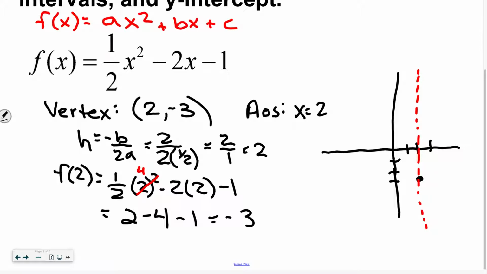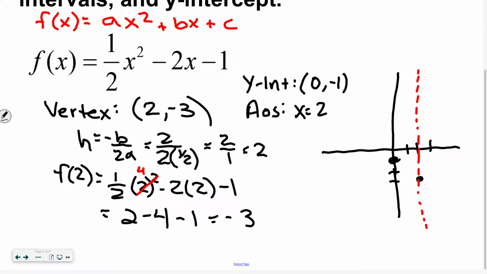So we know, okay, now remember, we could, and I will here in a minute, do vertical stretch and shrink. But because my vertex isn't on the y-axis, I could also just figure out what my y-intercept is. What is my y-intercept? -1. You're just looking at the value of c. So c is always the value of the y-intercept. The y-intercept is written as an ordered pair, 0, -1. So I could plot that point right there at -1.